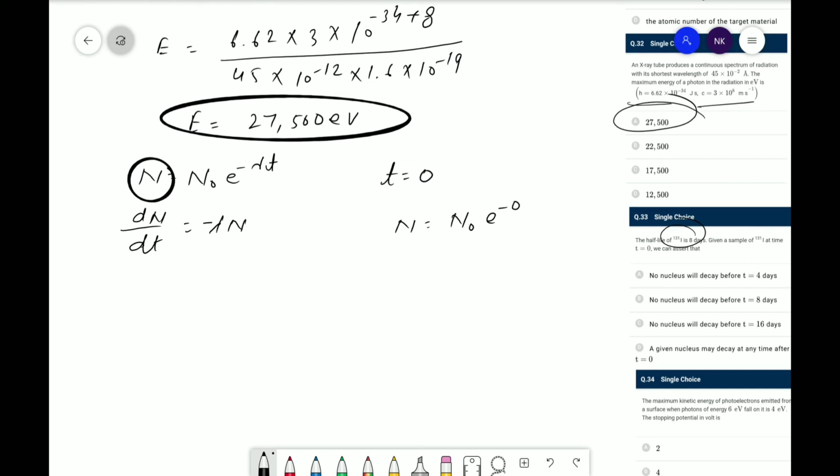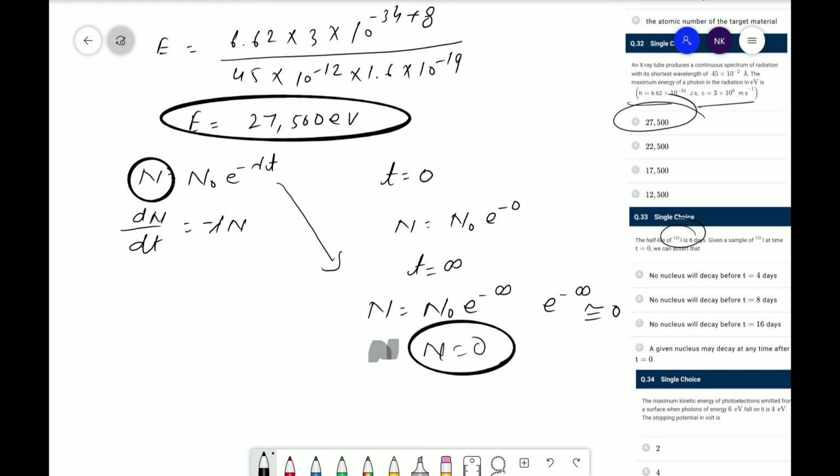But what will happen if t is equal to infinity? If t is equal to infinity, then N is equal to N naught e to the power minus infinity, and e to the power minus infinity is approximately 0, hence N is equal to 0 when t is equal to infinity.